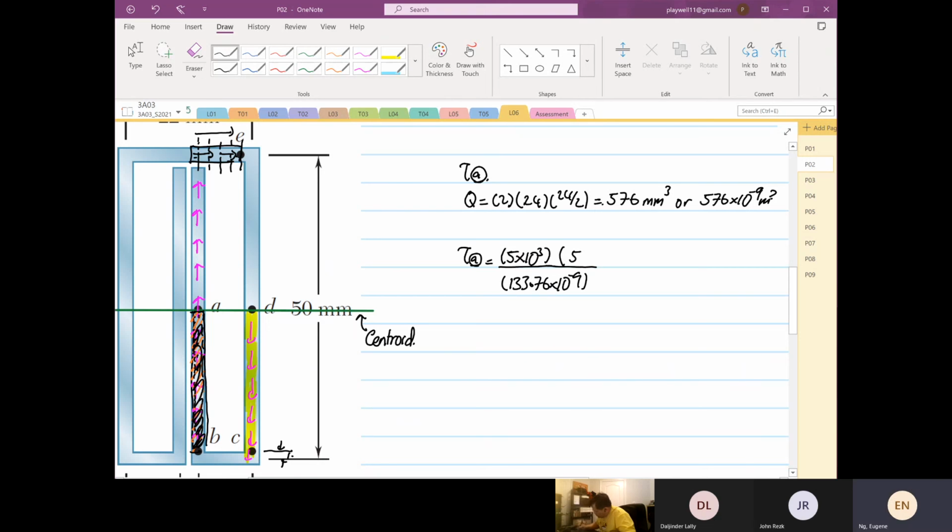So is your Q, and divide by your I. Power minus 9 divided by 133.76 power minus 9 divided by 2 power minus 3 is equal to 10.766 times 10 to the power 6 Pascal.